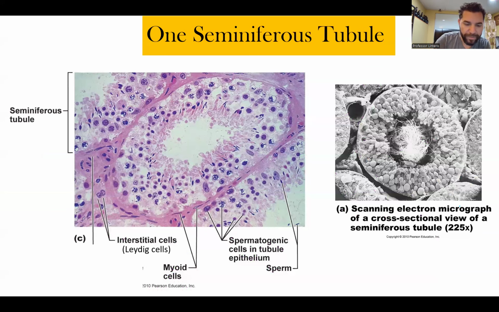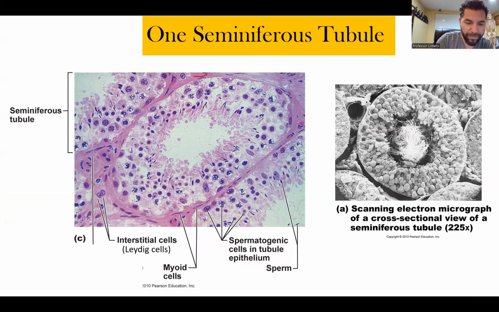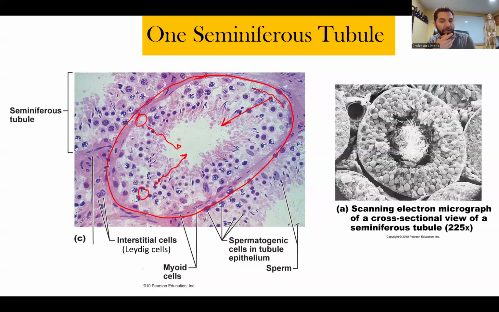Right? So here, this is our seminiferous tubule. And what happens from the outside in, we have a process called spermatogenesis.